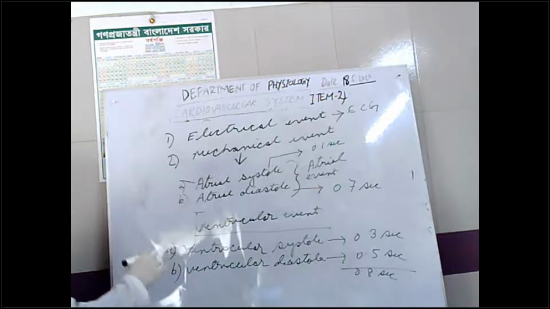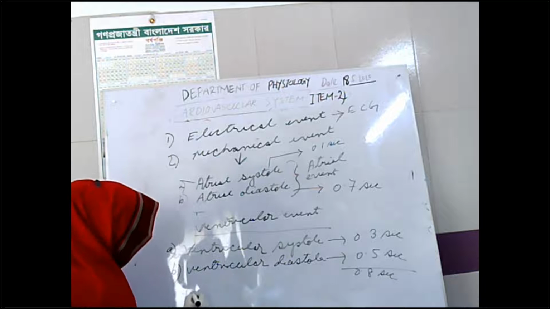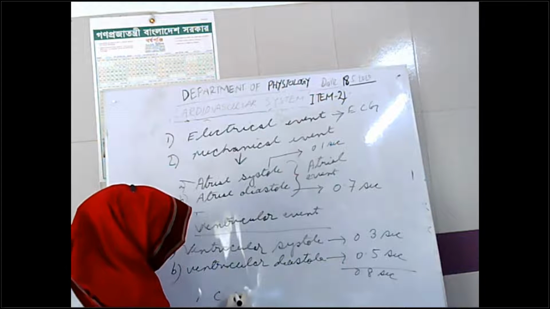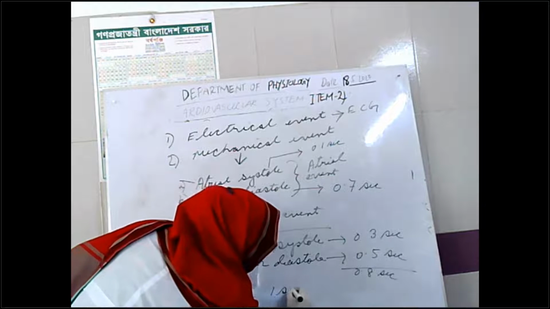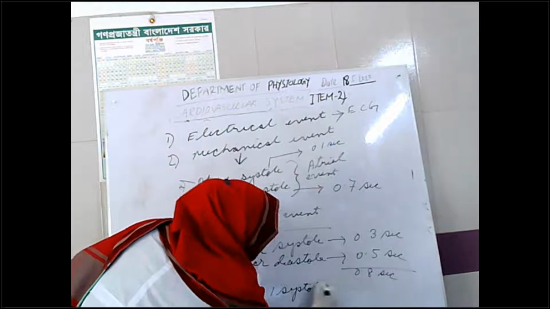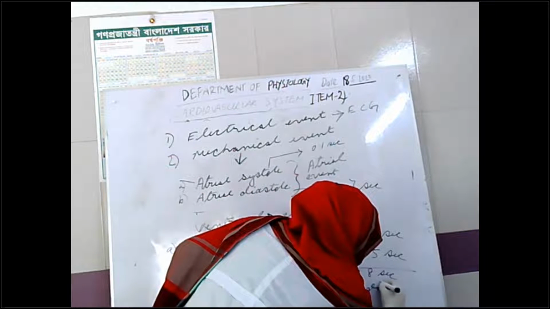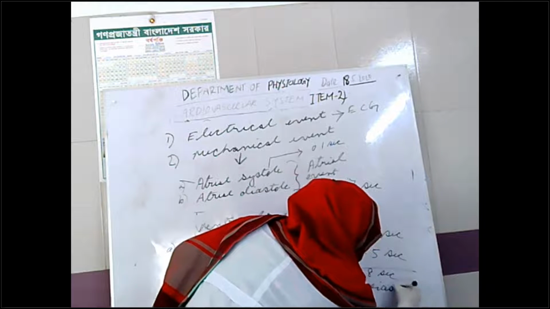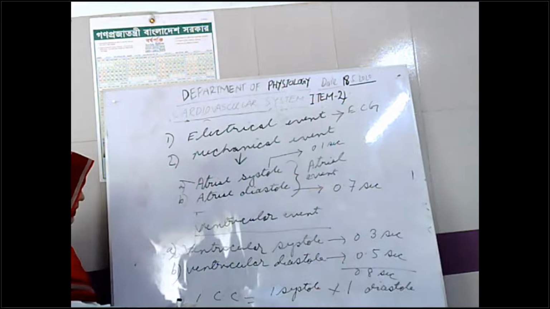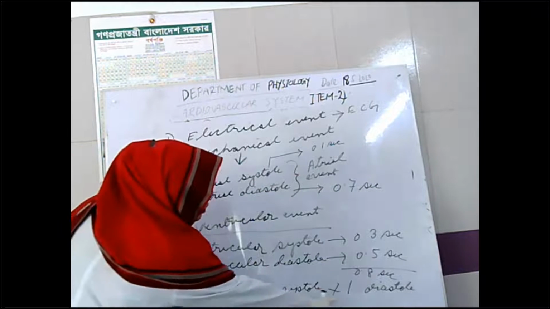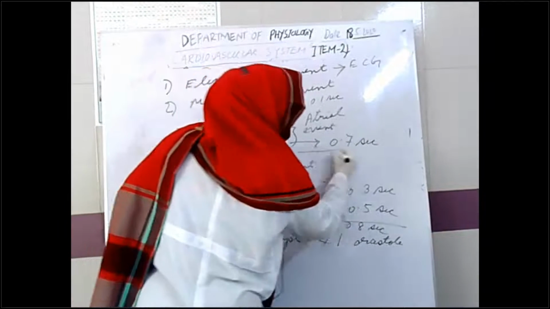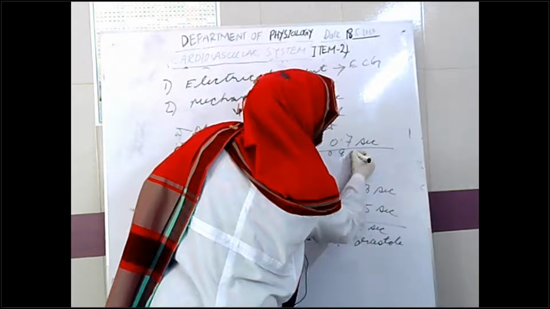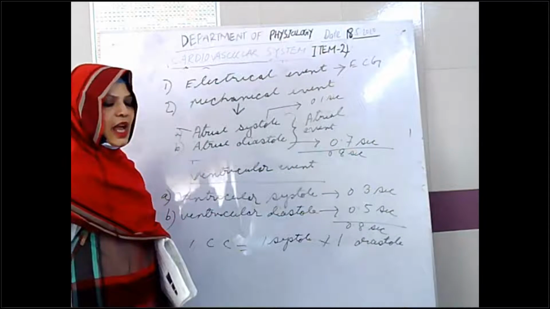So we can interpret here that one cardiac cycle equals one systole plus one diastole. See here, atrial systole 0.1 second, atrial diastole 0.7 second, total 0.8 second, that is one cardiac cycle time.